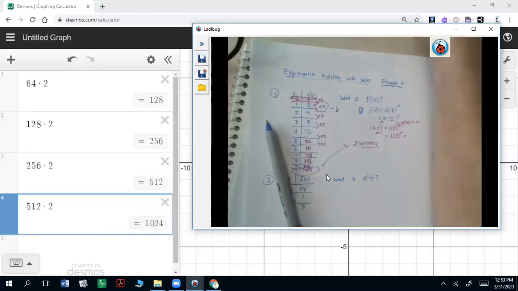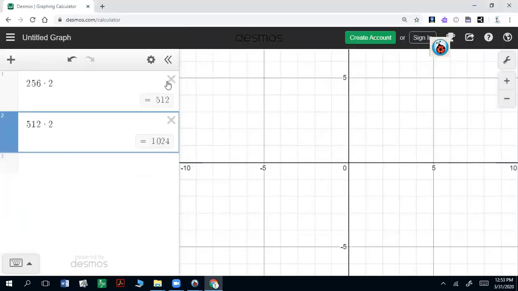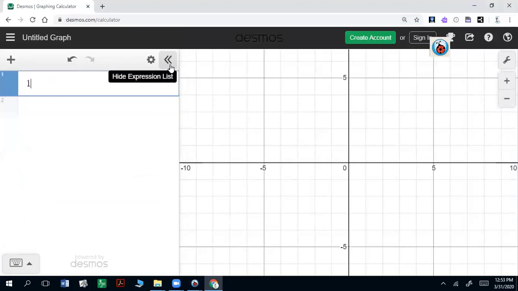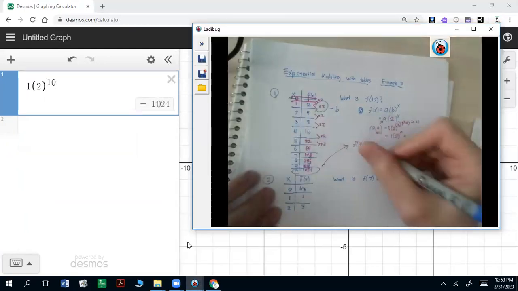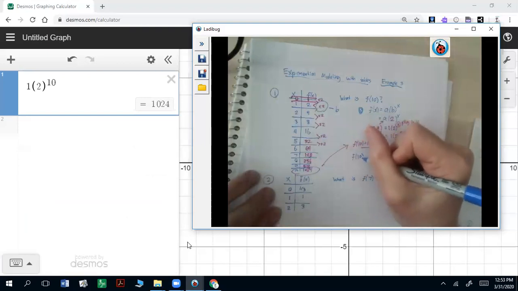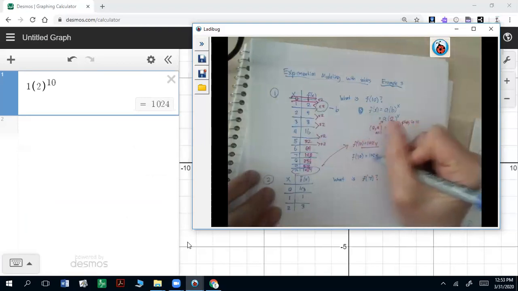And let's verify that on the graph. And there's your 1024. So f of 10 equals 1024.